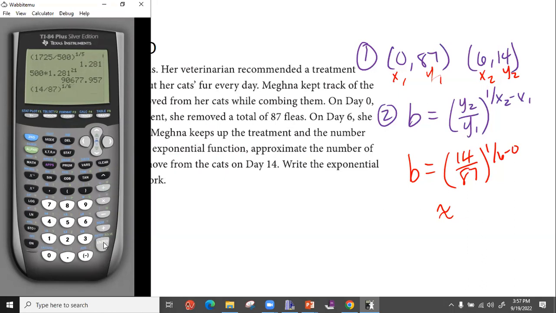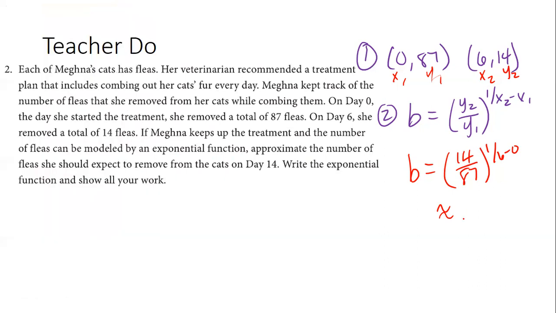Did we all get 0.738 as our growth factor? So that's our B. Good?